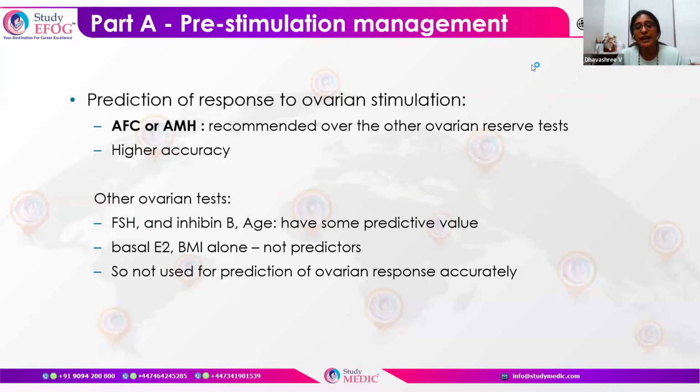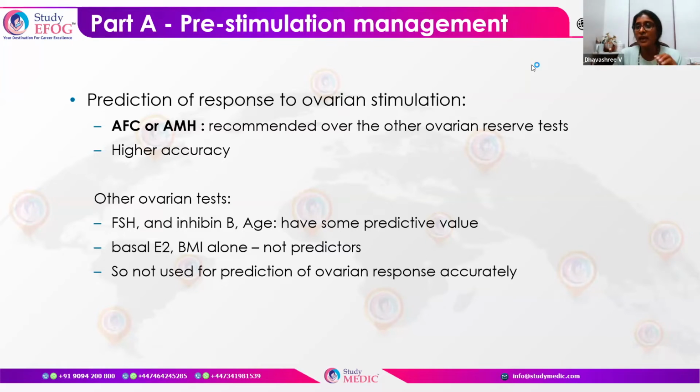anti-Mullerian hormone, or AMH. These are the two tests recommended by ESHRE over the other ovarian reserve tests, as they have higher accuracy. The other tests include FSH, inhibin B and age. Separately, they have some predictive value, but they cannot be used as a single test to assess prediction of ovarian response.